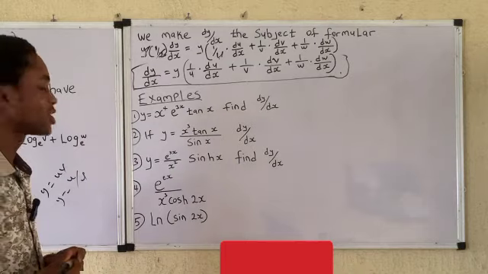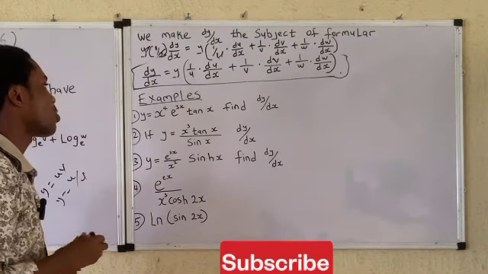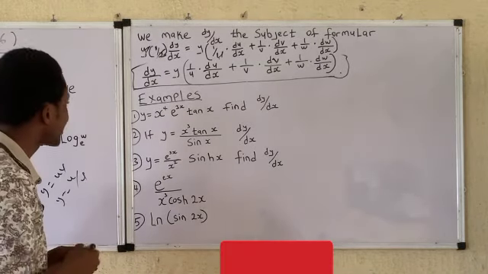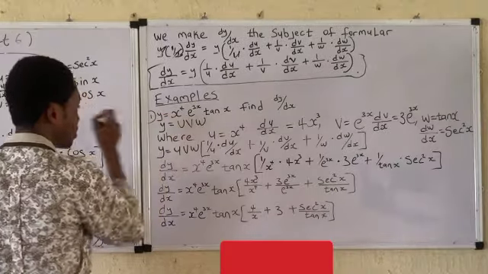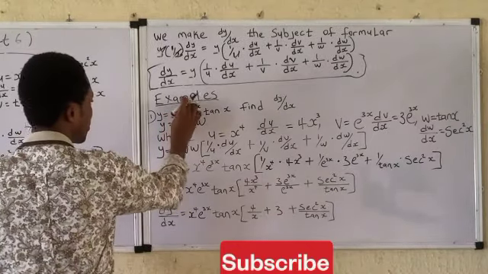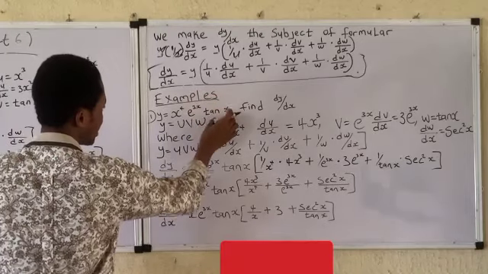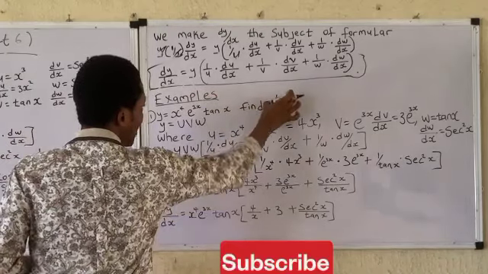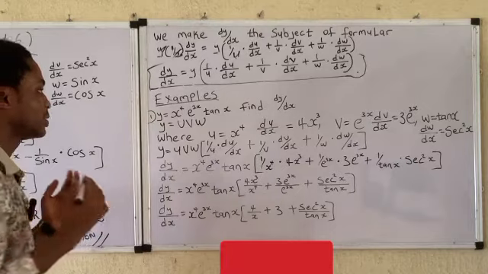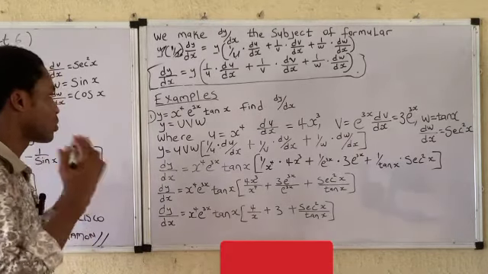Now, we're going to solve a series of examples for better understanding. Example number 1: y equals x to the power of 4, exponential to the power of 3x, tan x. Find dy dx. The question says you should find dy dx, the variation of y with respect to x.